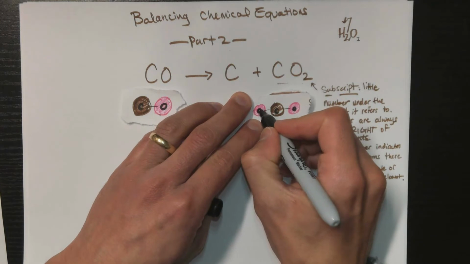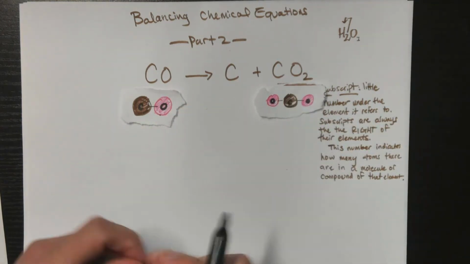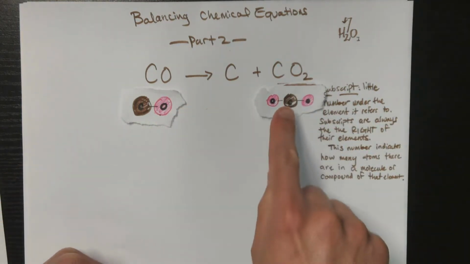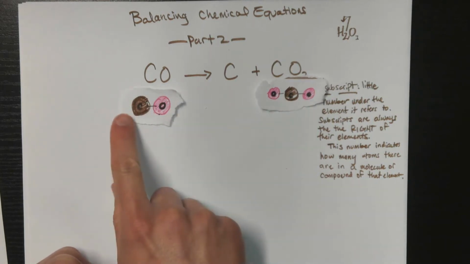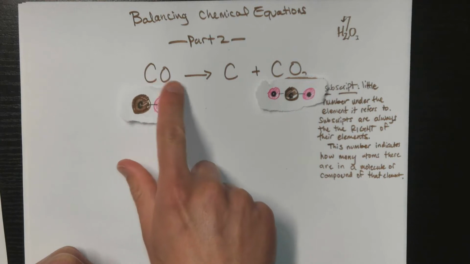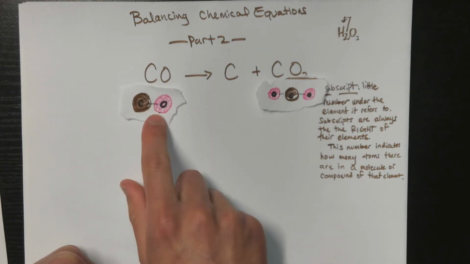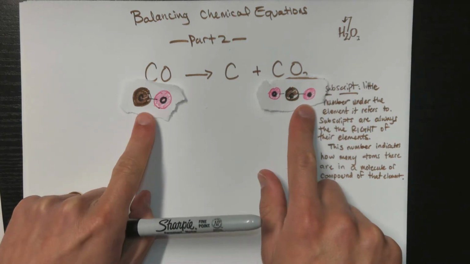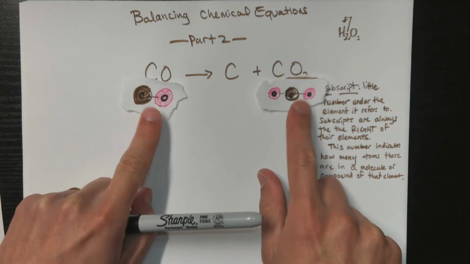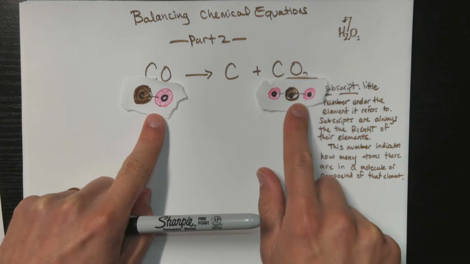And you'll notice that because there's a 2, there are 2 oxygens around the carbon, the brown one in the middle. And because there's only one of each of these, this molecule actually looks like this. So these two are very different molecules. Even though they have the same elements, they operate very differently.